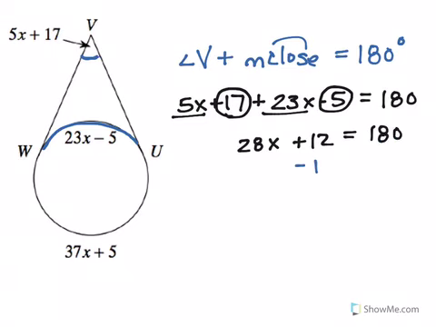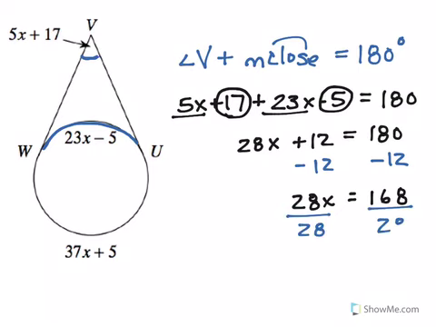Then I would just subtract 12 from both sides, giving me 28x on the left is equal to 168 on the right. And then all we would need to do is divide both sides by 28. Which again gives me x is equal to 6.